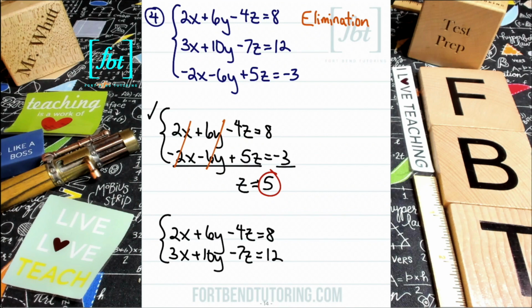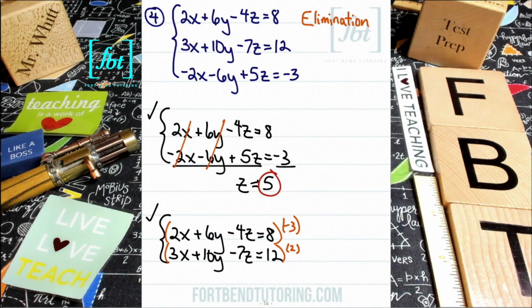So that's why I'm going to continue with this system right here, where I'll be multiplying the first equation by negative 3, and I'll multiply the second equation by positive 2. Once again, the goal is to get opposites out of your x terms. So by doing this, I'll end up with a negative 6x and a positive 6x.